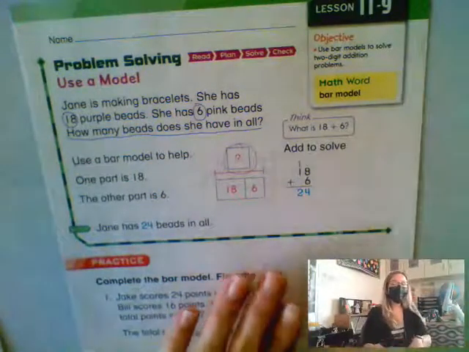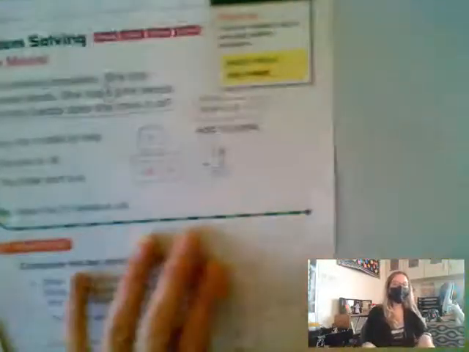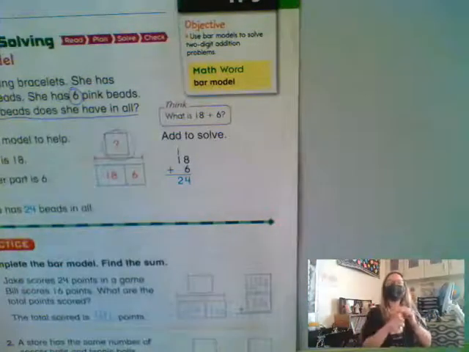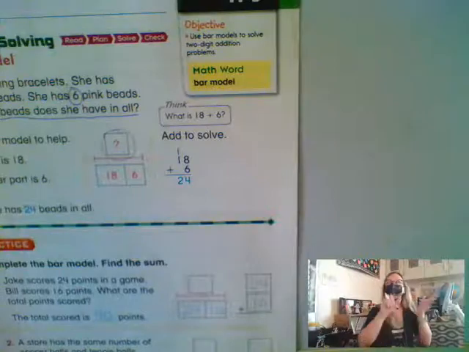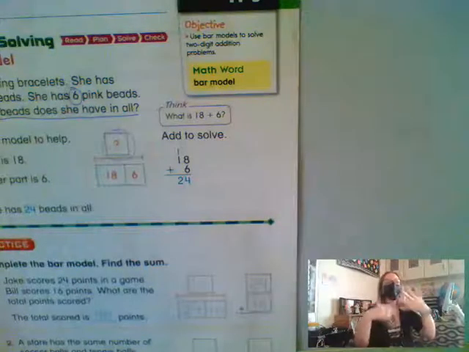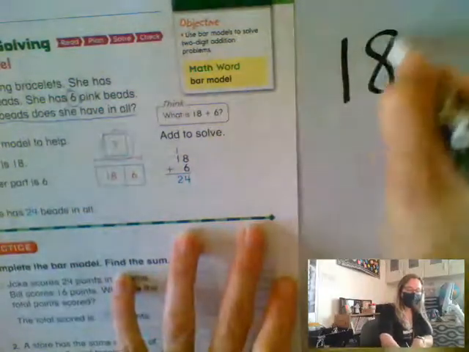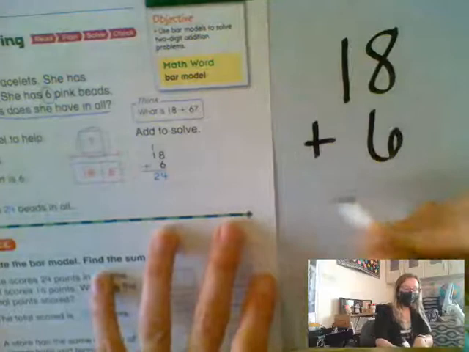So to solve that, they have it done here, but I'm going to work it out for you on the whiteboard. You do not have to write this down. I just want to see you looking at the board so I know you're following along. So they have 18 purple beads plus 6 pink beads.